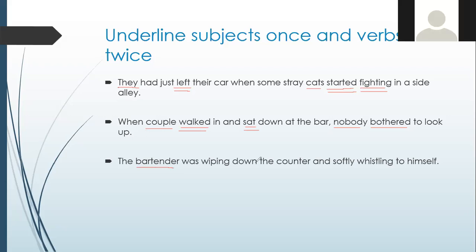Sophie, no, perdón, was wiping down. Yes, was wiping is the verb. Good. And softly whistling to himself. Okay, it was like he was a little bit sad and happy and all those emotions. Okay, and whistling, in this case, we have another verb, whistling.